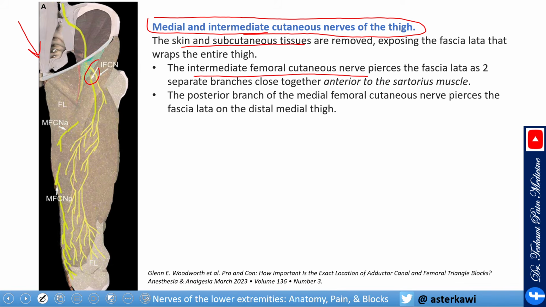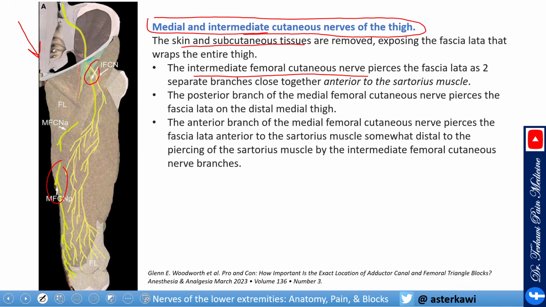The posterior branch of the medial femoral cutaneous nerve pierces the fascia lata on the distal medial part of the thigh. The anterior branch of the medial femoral cutaneous nerve pierces the fascia lata anterior to the sartorius muscle.